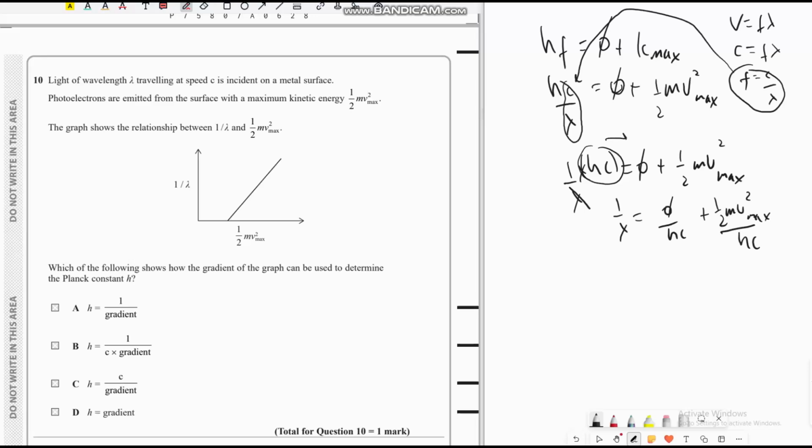Here the variables we have are lambda and half m v squared. So this is a variable and this is also a variable. Understanding that, I can write this equation in this manner.